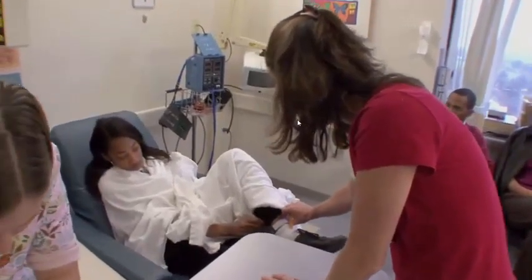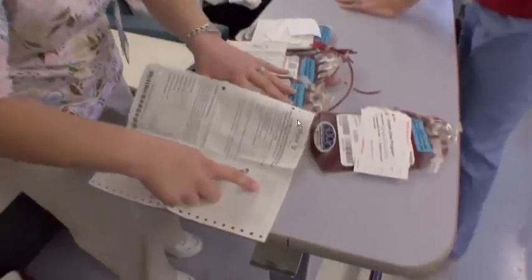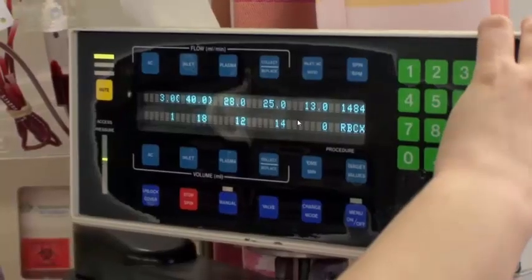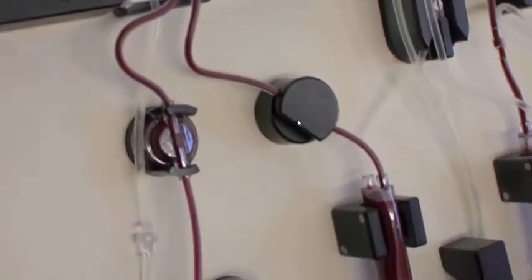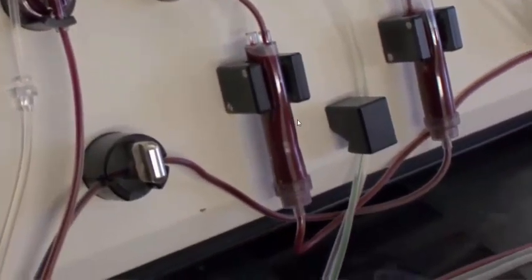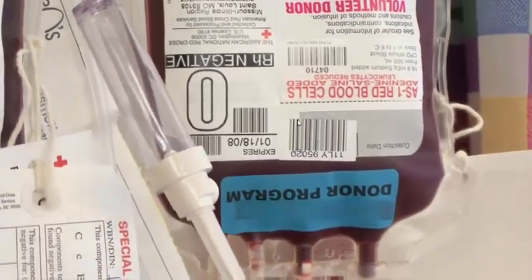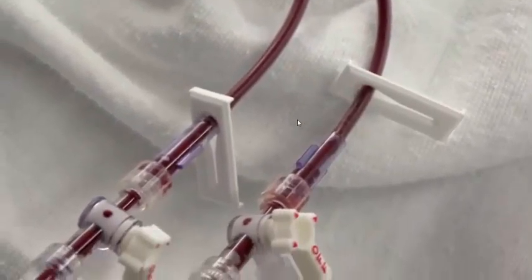Dr. DeBaun has Alexandria on a research protocol, hoping to stop the strokes. Monthly blood transfusions, called apheresis, remove Alexandria's damaged red sickle cells and replace them with red blood cells from a healthy donor. The hope is that the healthy new red blood cells will prevent her from having future strokes.